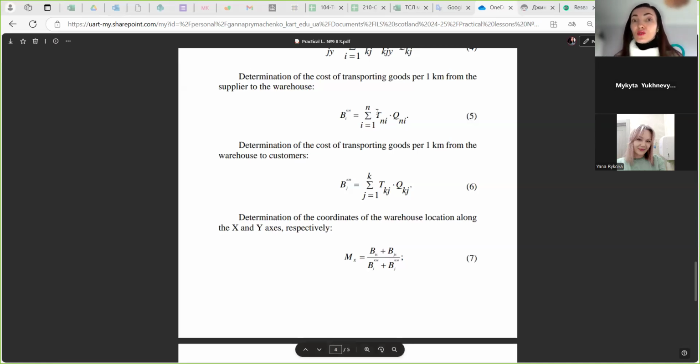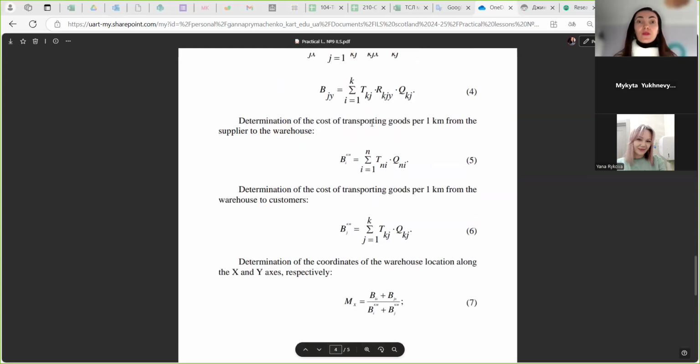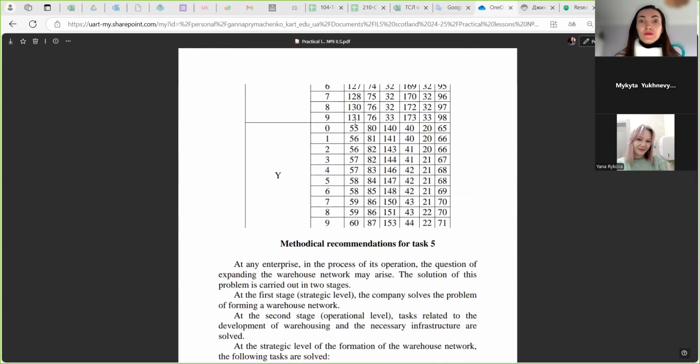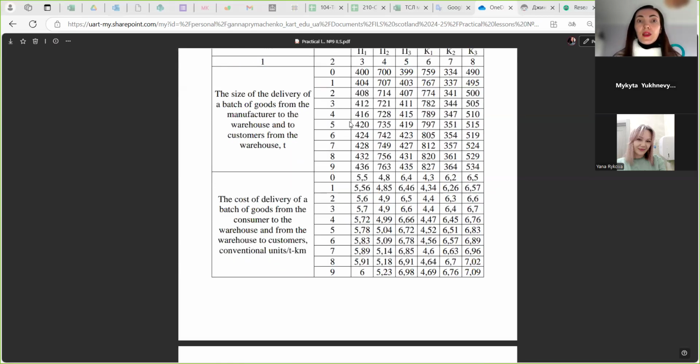So is equal to, and we use tariff and volume of delivery only for suppliers 1, 2, 3, each. Okay, open table number 1, and we calculated that we need the volume, tariff, and our volume.